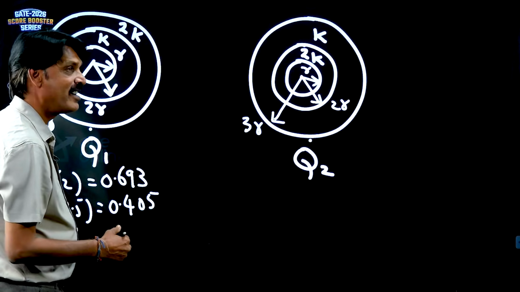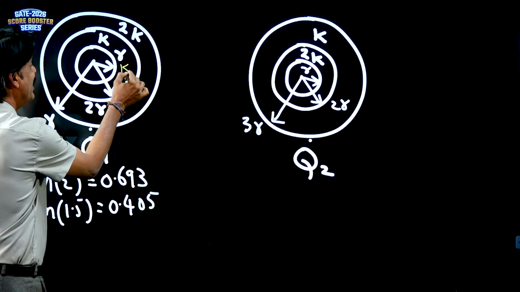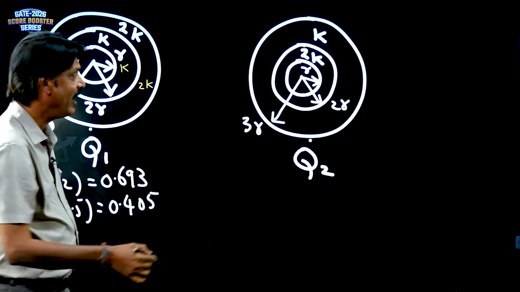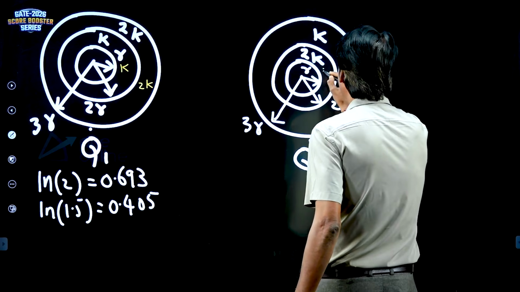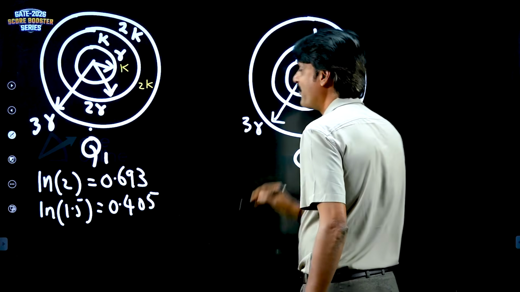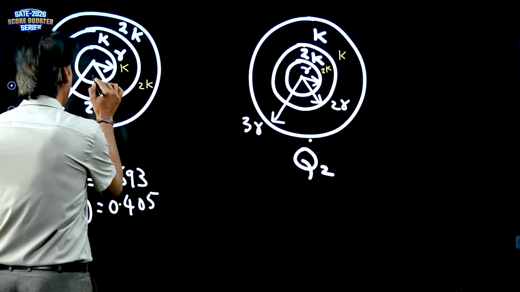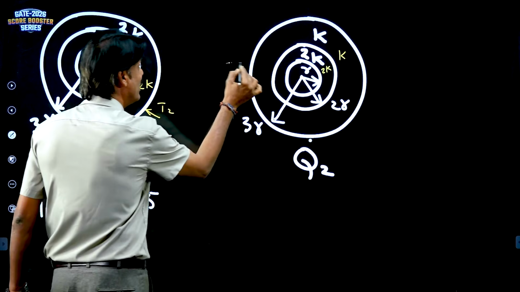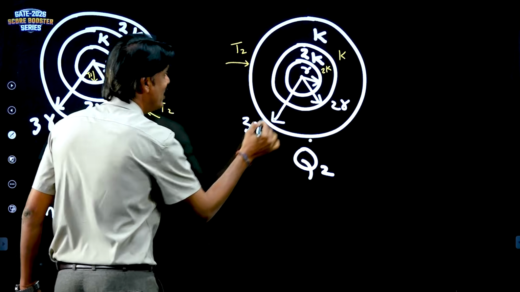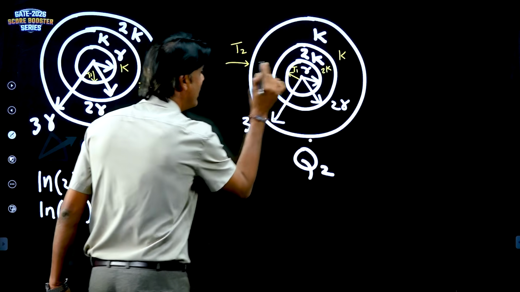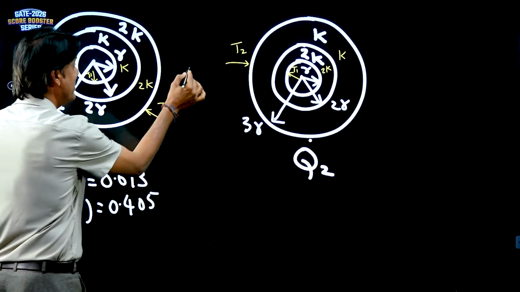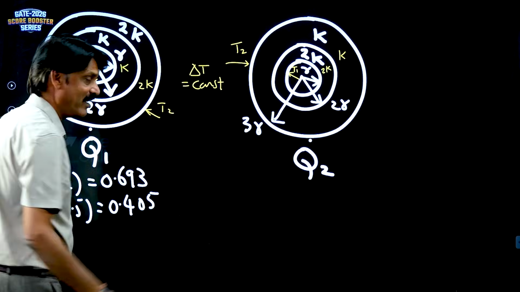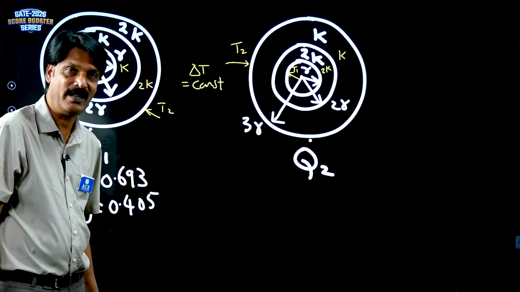Say I take a tube with K and 2K, and here it is 2K and K. Assuming that the temperature inside of the surface is T1 and outer is T2, I am assuming that the temperature drop is constant in both cases as it is not specified.